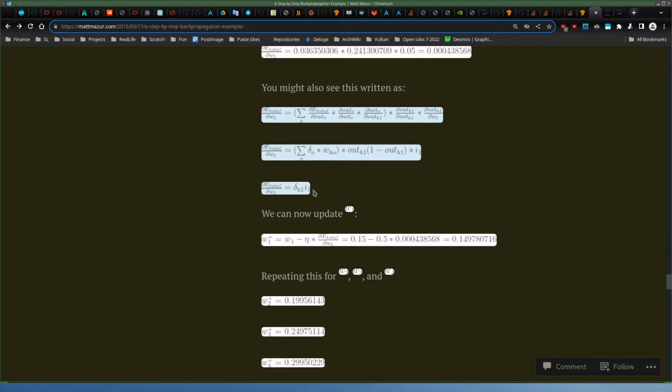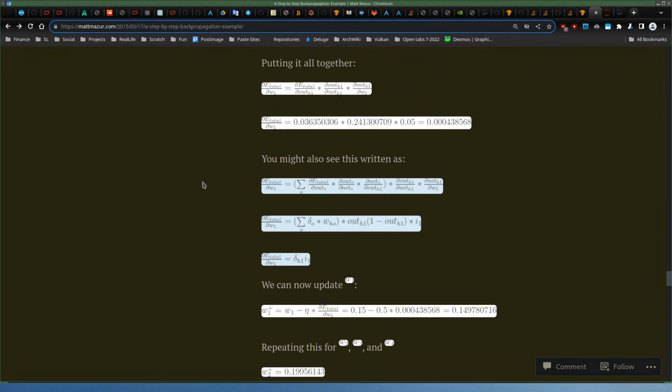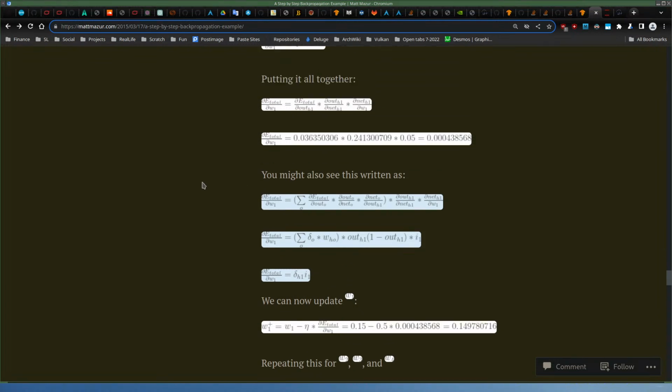And then for the hidden layer, it's something else. So the question now is, how do I get delta H1? I think it's this. I don't think they mentioned delta before that.